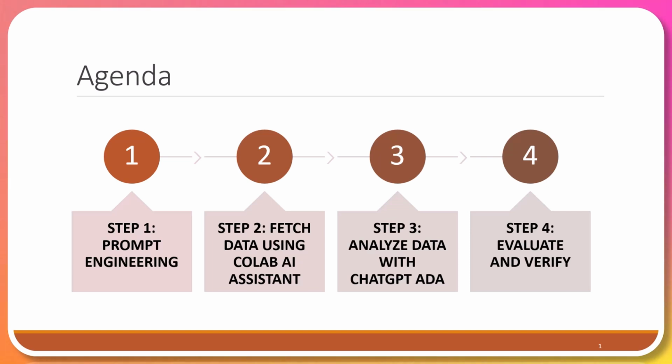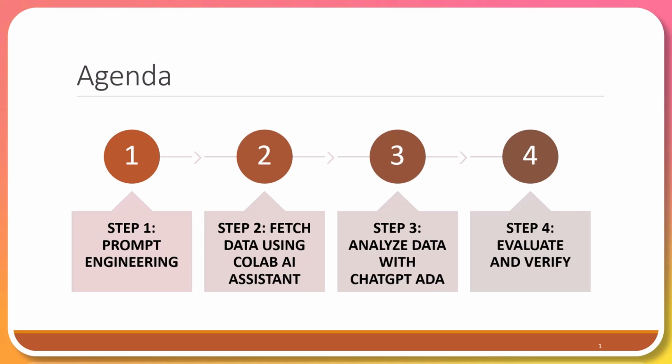So here is what we will cover. First, prompt engineering. Crafting the right question makes all the difference. Next, we will move into fetching data using Google Colab. We did that last time, so I will go over it, but this time we're going to save the data into an Excel file that we will use in step 3, which is uploading the data into ChatGPT Advanced Data Analysis tool and use it to evaluate which BRIC country is the best for our investments, or you can use it for any other decision making.